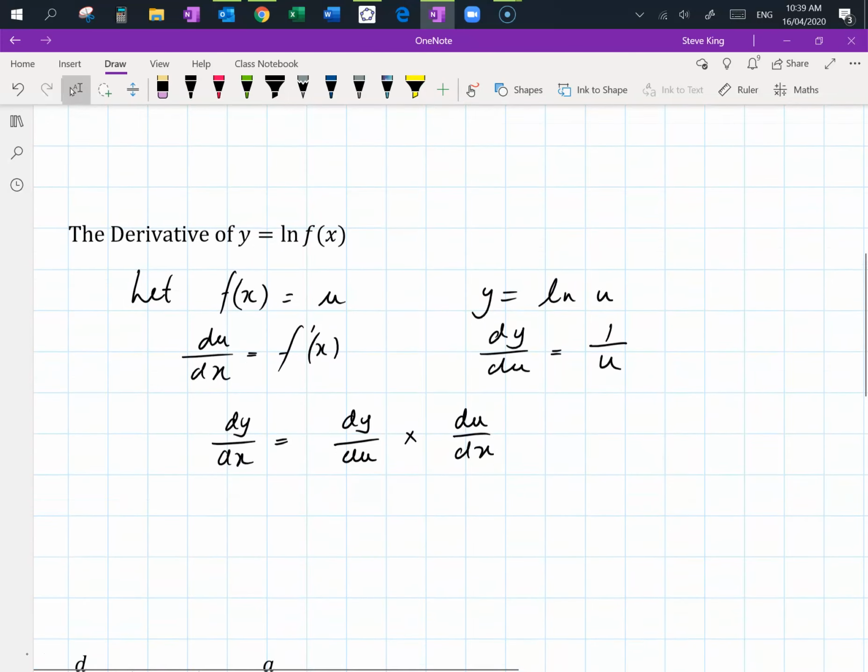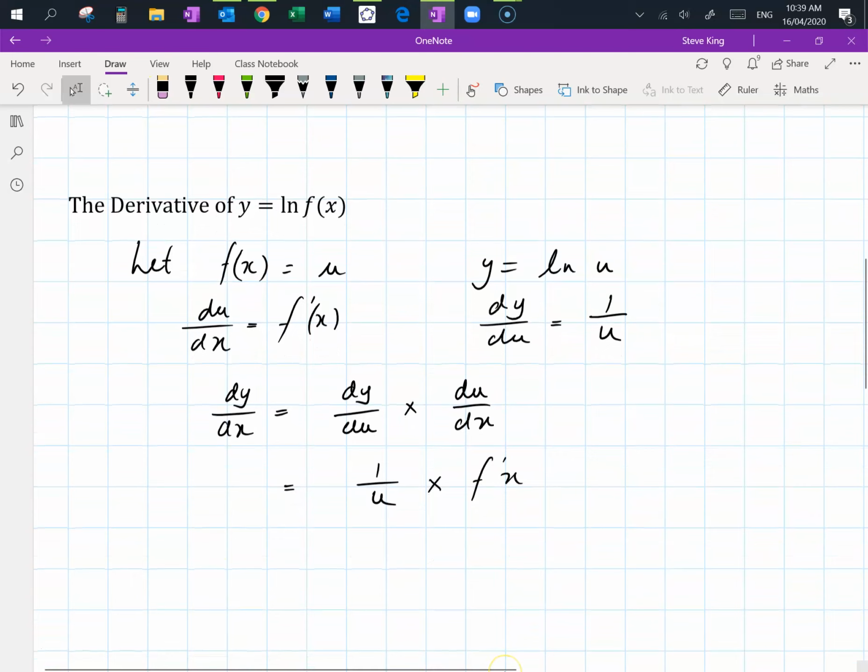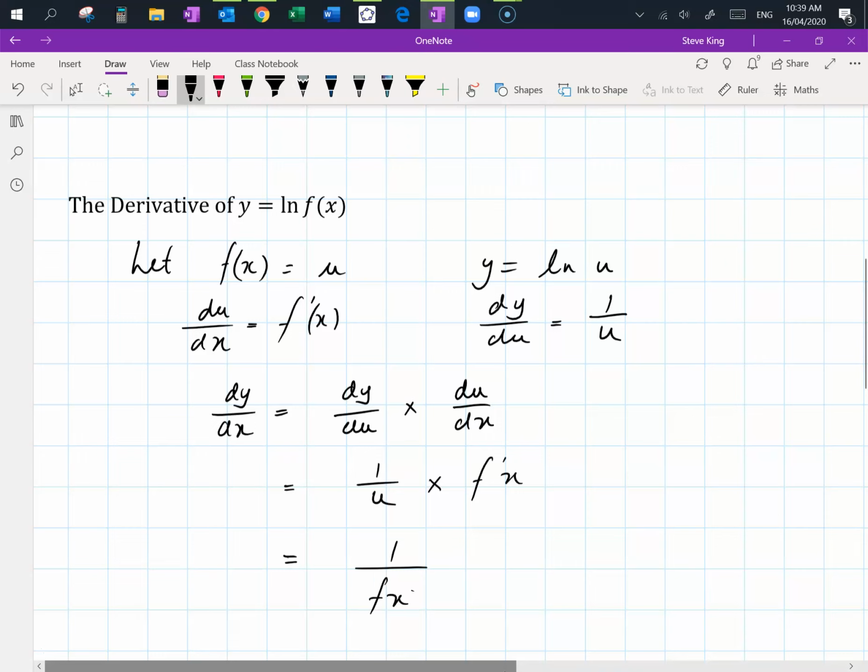And if I put in what I've got there now, dy du is going to be 1 over u. Du dx is simply going to be f dash of x. And if I give myself a little bit more space here, because I'm going to need a little bit more space, I can say, right, well, this is 1 over u. u was simply f of x, and I'm multiplying that by f dash of x.